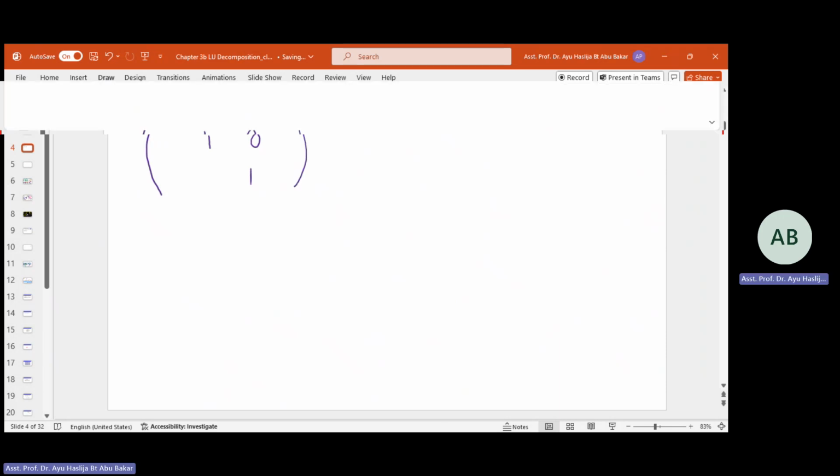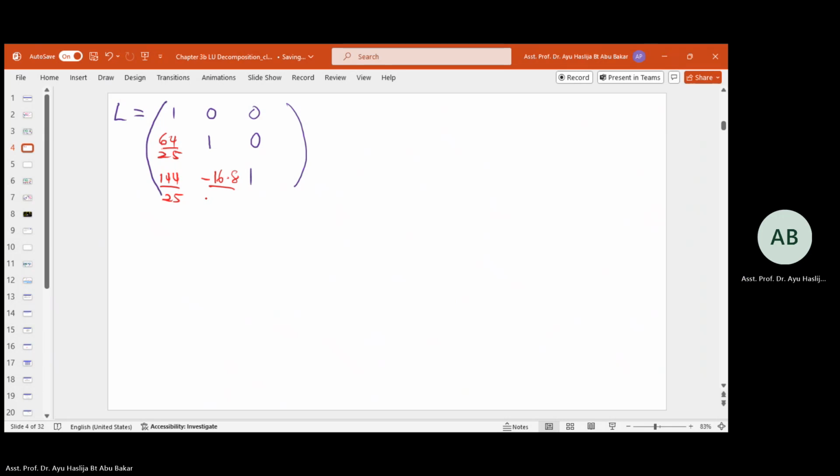Here will be your first factor, which is 64 over 25 just now. Then here will be the second factor, which is to zero this value. Then this one is the third factor. So that is your L matrix. I copy back the U matrix over here just now.